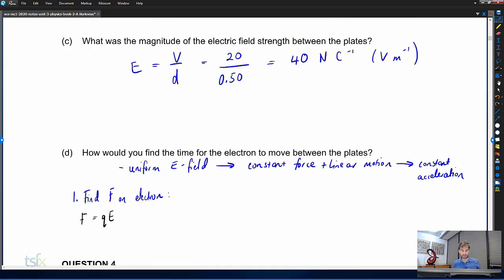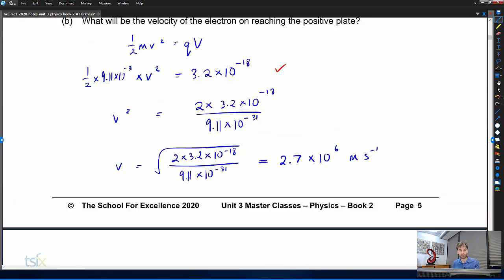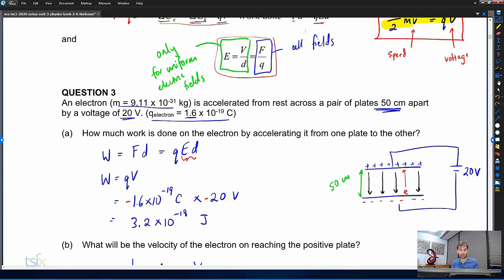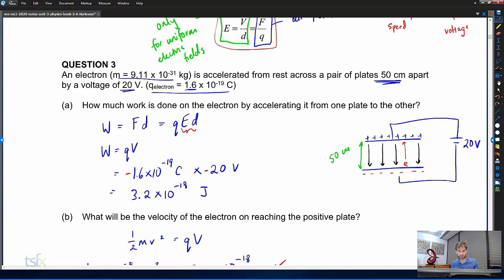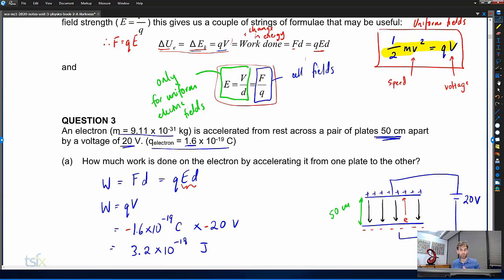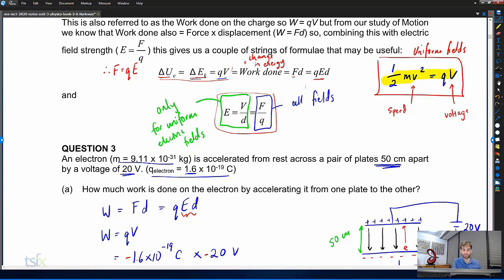Again, we can manipulate the different equations here, transpose them around to get different ways of finding force. So say in this equation, the one in the center of the screen at the moment, you can see that if we take the force here and transpose the Q over to this side, we get Q times E. But we could also do QV divided by D, for example, and we know all those things.